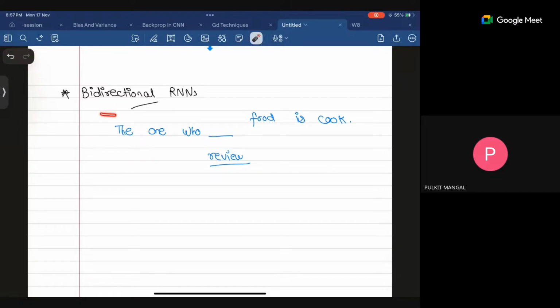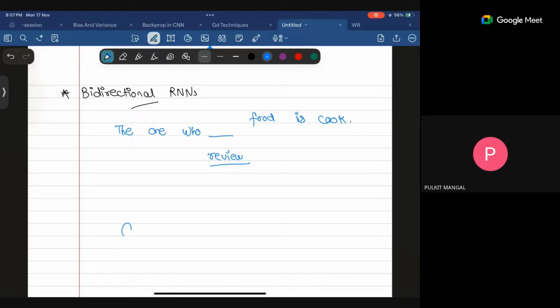So not only this direction is important, the backward direction is also important to us. We should also know what words are coming from that direction, and that's what bidirectional RNN is going to do for us. It's going to have one loop that works in this direction, and another one that works in this direction.